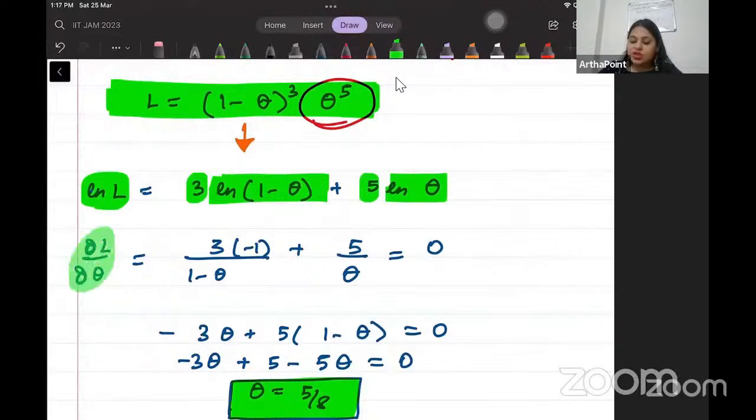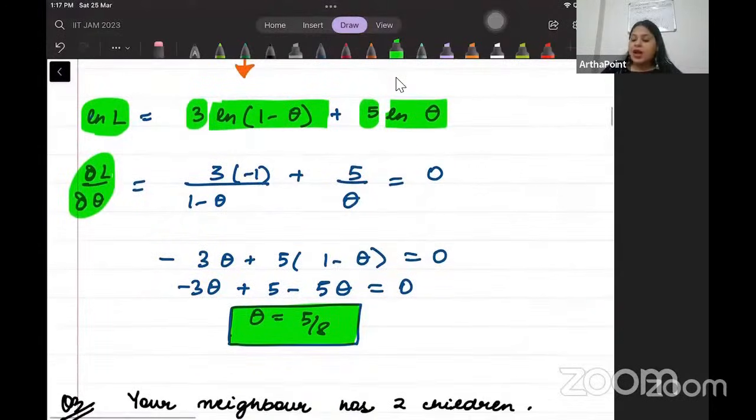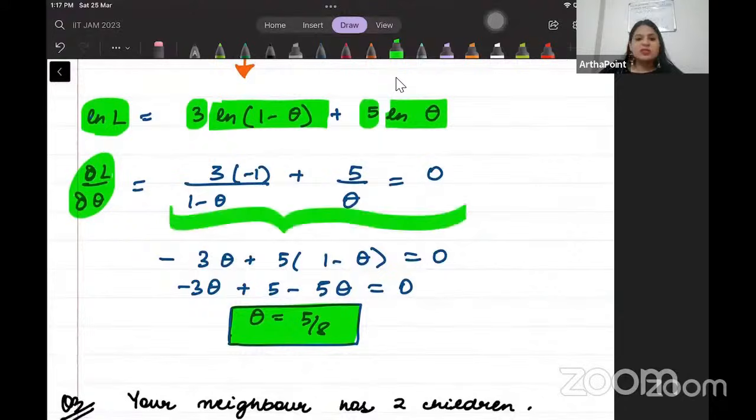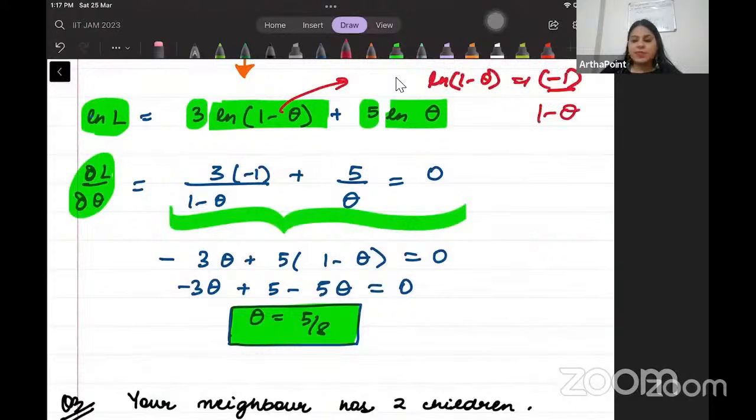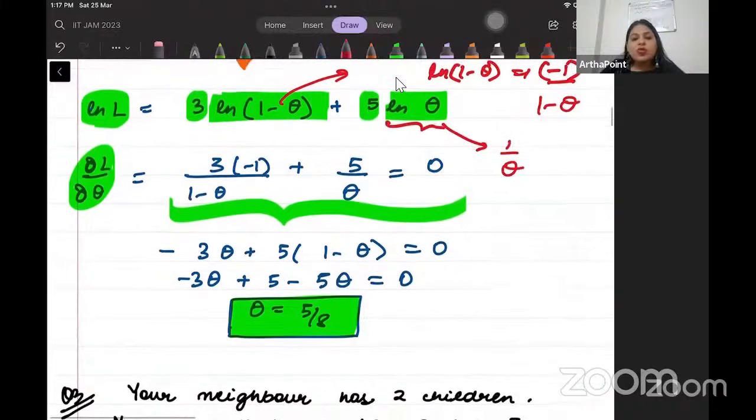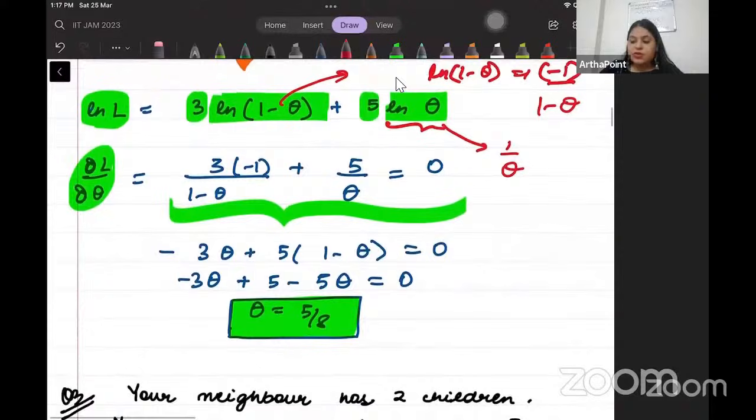So if I differentiate this with respect to theta, I will get this. Very simple. It's a log function. So differentiation of ln 1 minus theta will be 1 by 1 minus theta into minus 1. Differentiation of ln theta will be 1 by theta. So when you solve this by equating it to 0, the maximum value of theta will come down at 5 by 8.